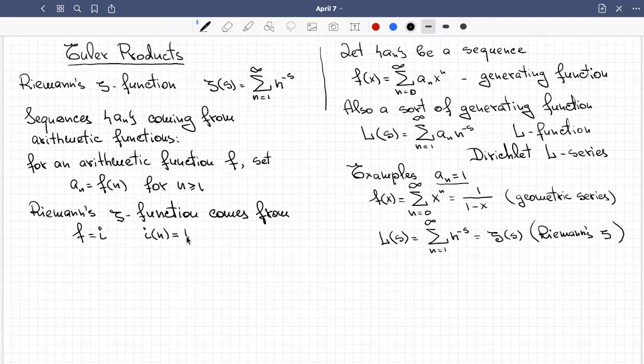We will rewrite what we have as L f of s in general is sum from n equals 1 to infinity f of n to the power minus s.